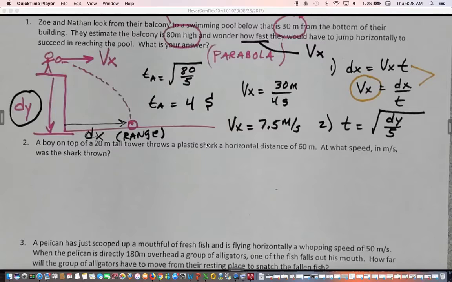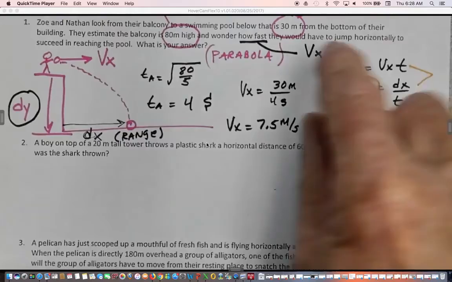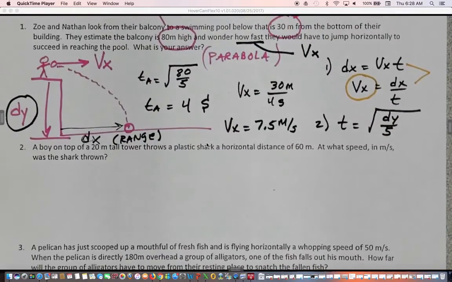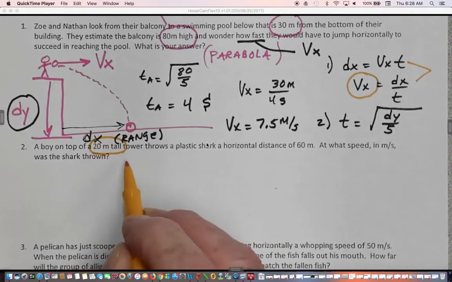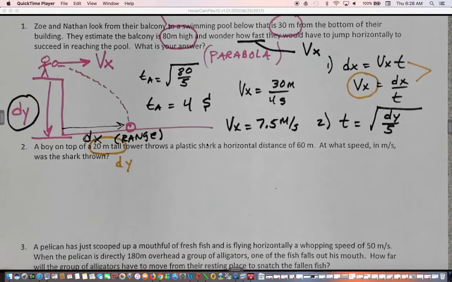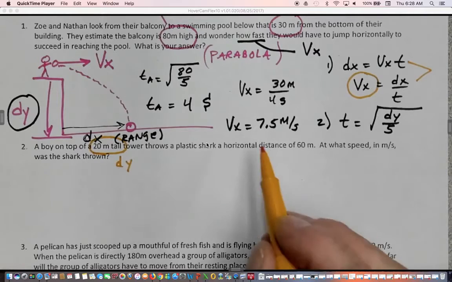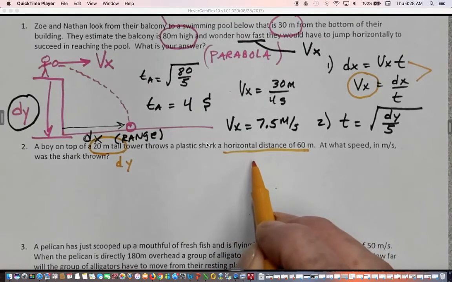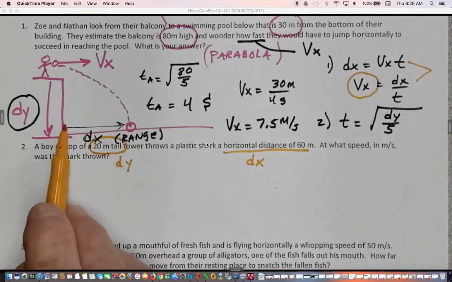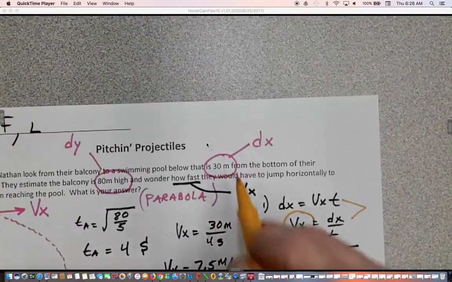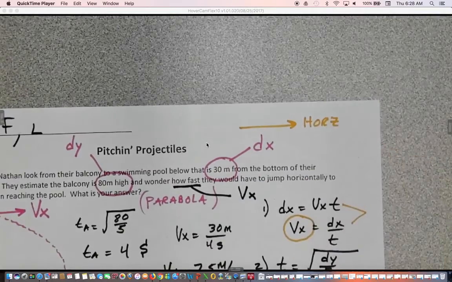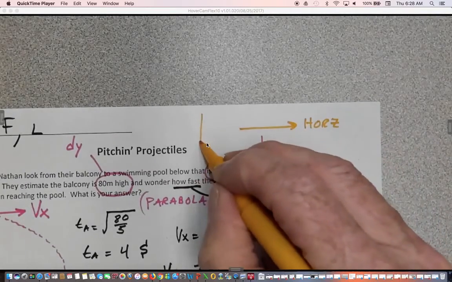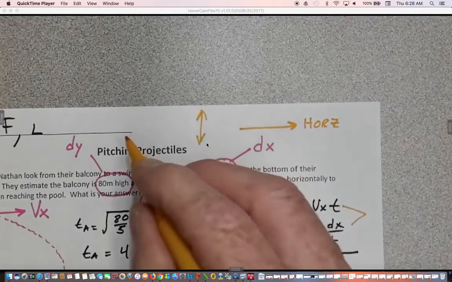To do these problems, the very first thing I did was, I have these formulas, but identified what was given to me in a problem. In this problem, it says tall. Tall is another indicator that this is dy. This says horizontal distance. It literally screams dx. This is horizontal, so this direction is horizontal. This direction is vertical.